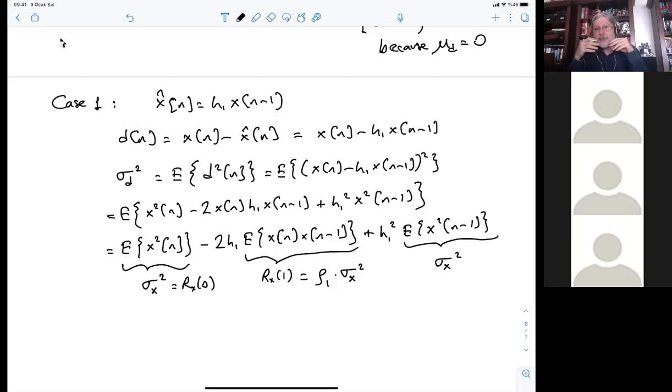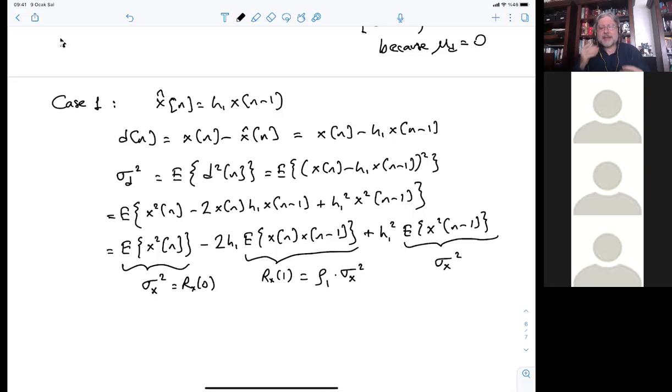If rho 1 is equal to 0, it means the past sample and the current sample have no correlation. The cross correlation between the time lagged version is 0, so they are orthogonal. That's also a way to visualize things, and they have no relation. If it's minus 1, it also means a strong correlation, but in a negative way.